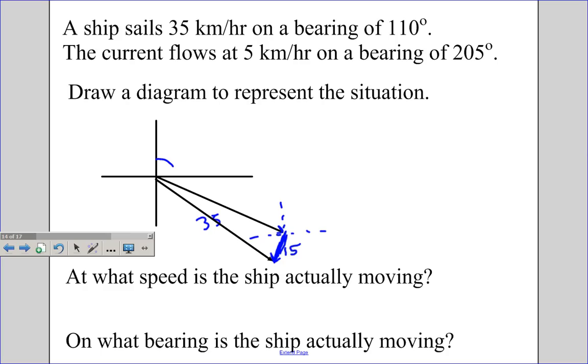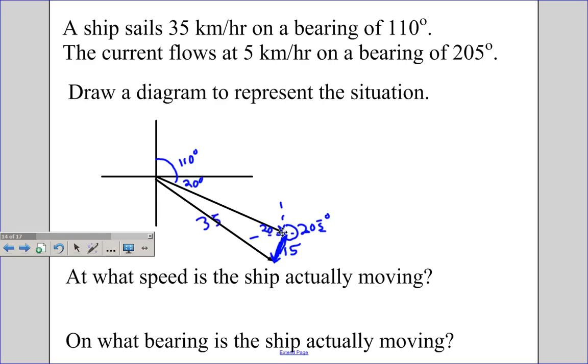So we know this whole thing is 110 degrees. So that means this angle here is going to be 20 degrees. And if that's 20, that one there has to be 20. Alright, on this other side, we know that this is 205 degrees.